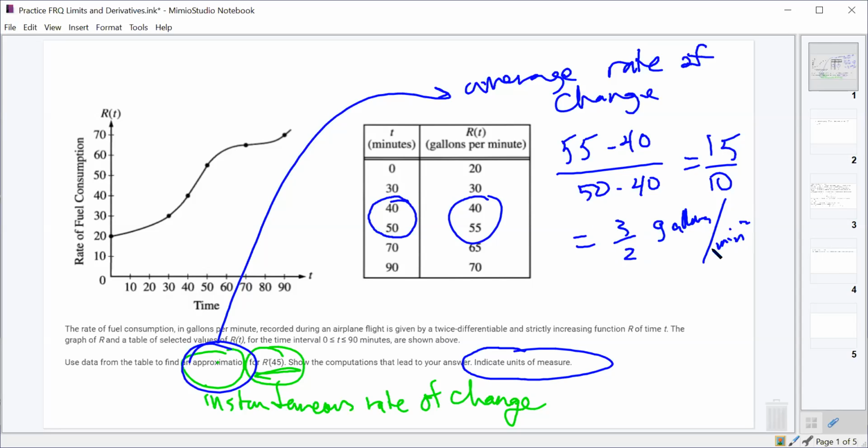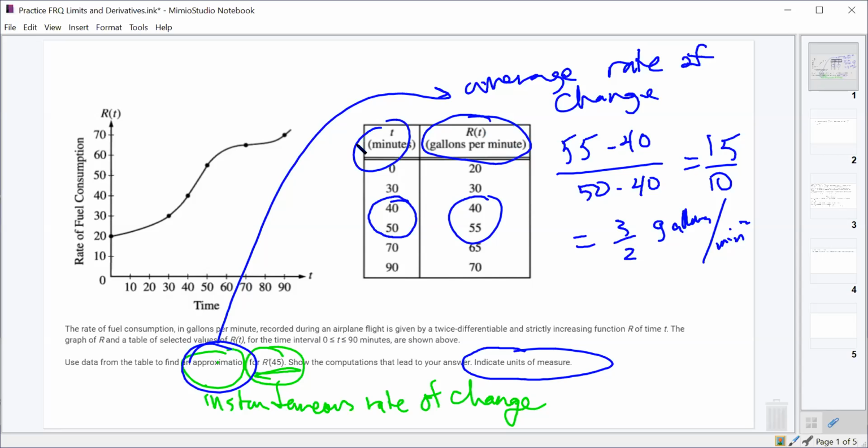Any questions on that? Why is it minutes squared? So our original function is gallons per minute. And so if we differentiate, we're looking at how gallons per minute change per minute. So it's gallons per minute per minute, or gallons per minute squared.